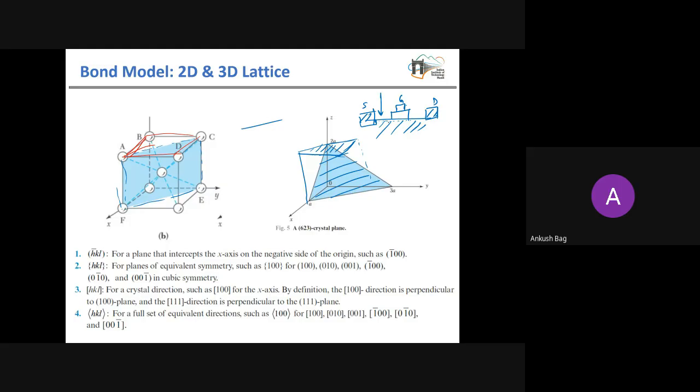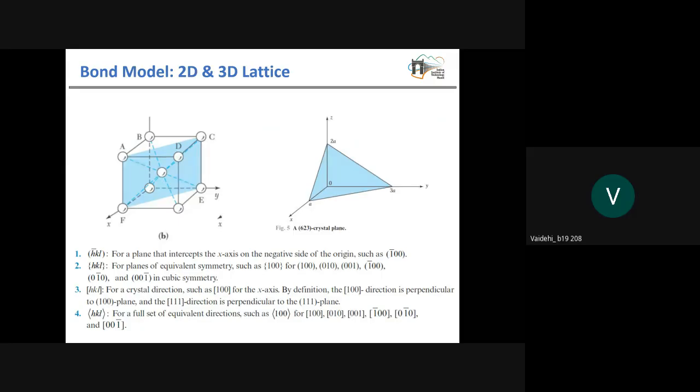Many times the interface or surface, and the related carrier concentration, electron concentration and atomic concentration, will be decided by the plane of the semiconductor or crystal. That is why we need to identify different crystal planes. Is this clear to some extent? Yes, sir. Okay, maybe when we solve the numericals, it will be clearer.